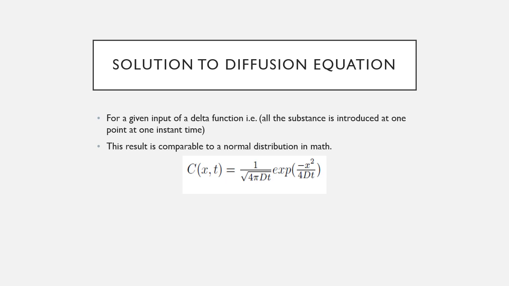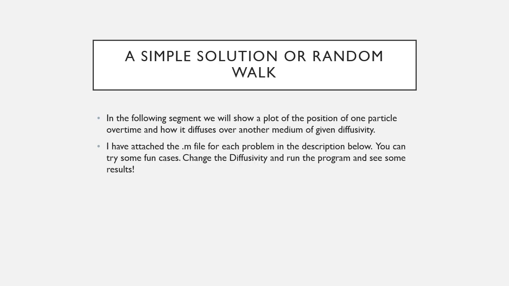That means at just one moment, everything is injected at one particular point, and you just see how everything distributes. Funnily enough, it distributes as a normal or Gaussian, which is one of the most easily and well understood distributions in mathematics, where for a given space and time, we can find the concentration and we can obtain points from a Gaussian at any time, which could correspond to a random kick due to Brownian motion.